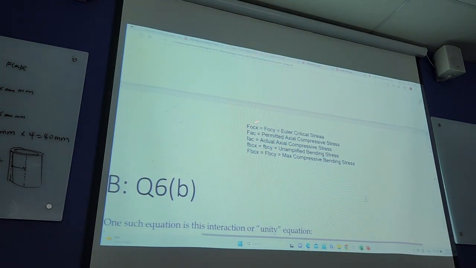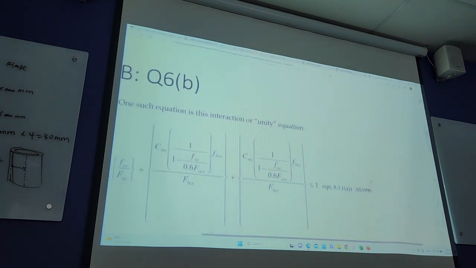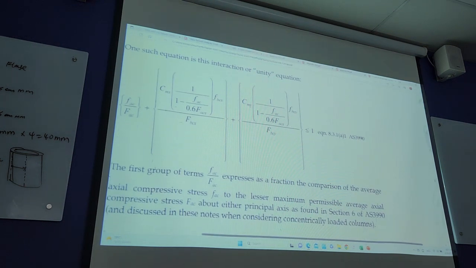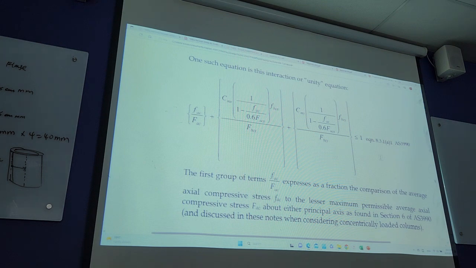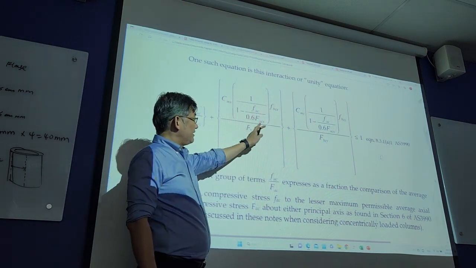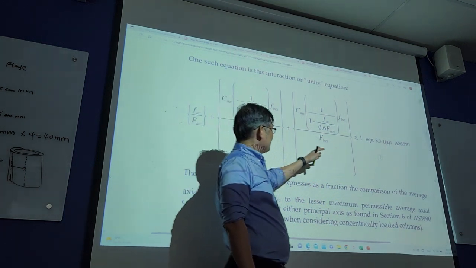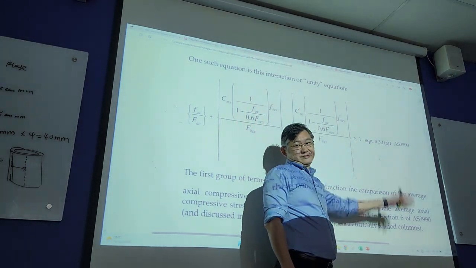Alright, why do we need all this, if you ask? Because the equation says so. We want to find all these values and plug them into this equation, such that you add up the three portions, and the total must not be greater than 1.